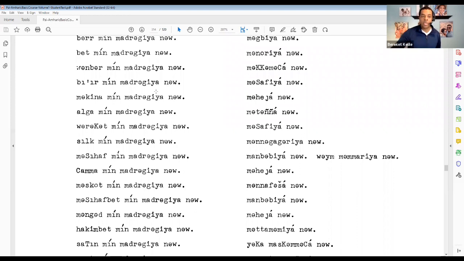Makina min madrigano. What is a car used for? Mehejano, to go. And remember, notice there, mehed is the infinitive, but with that vowel there, it changes to that other consonant, to that ja consonant. Alga min madrigano. What is a bed used for? Matanyano, to sleep. Warakat min madrigano, paper. Masafiano, for writing.